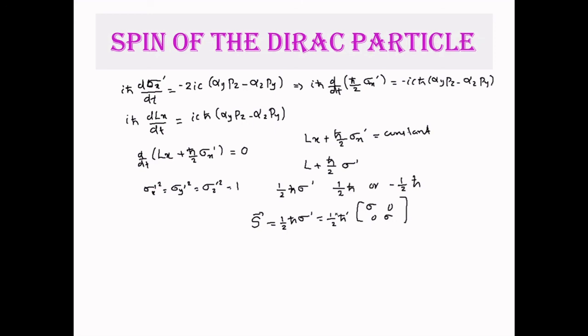And we have seen that the value of spin of an electron is ħ/2. It can take two values, either ħ/2 or minus ħ/2. That is why we are taking these values as either up or down. Okay, thank you.